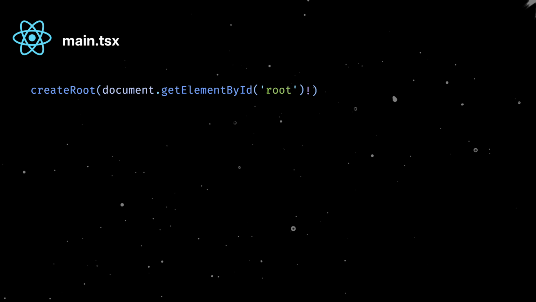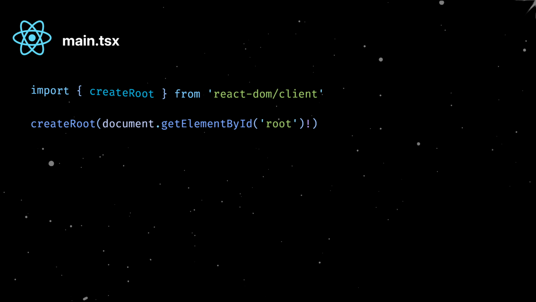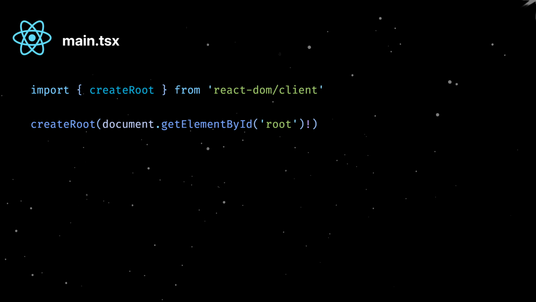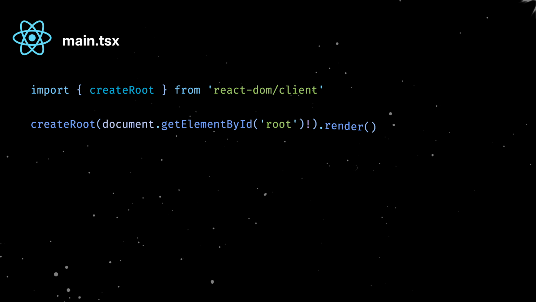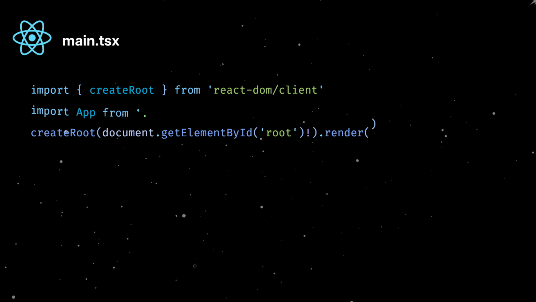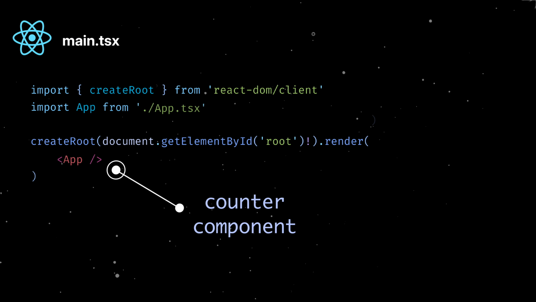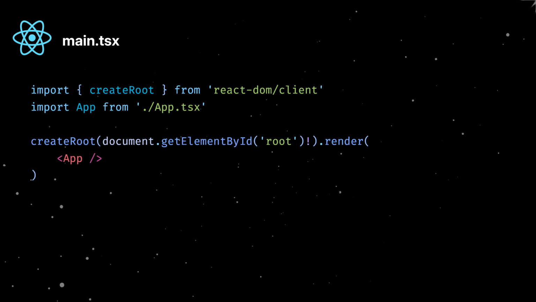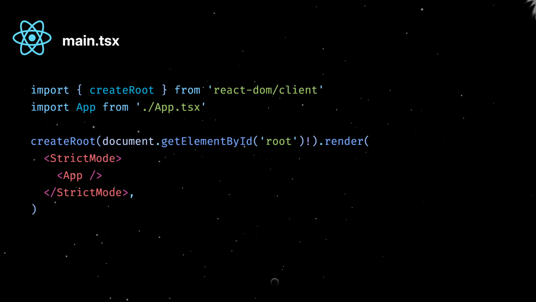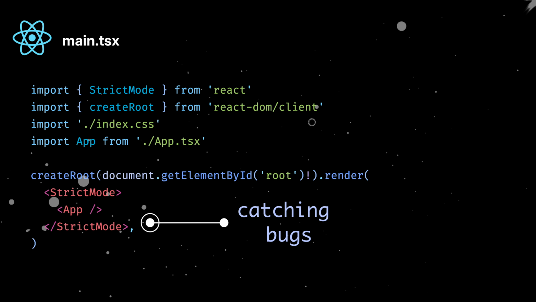The element is passed to createRoot, a function imported from react-dom/client. The function call returns the application's root object. After that, we make use of the render method of the root object to display the App component, where, in our example, the counter component code resides. Instead of passing App directly to the render method, we first wrap it in a StrictMode component because it makes catching bugs easier in dev mode.